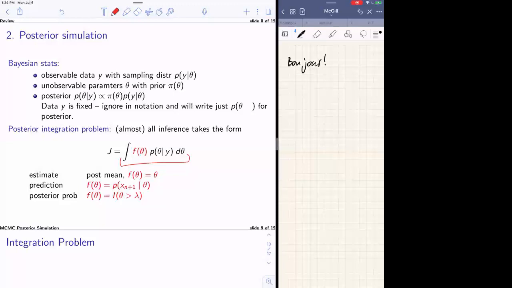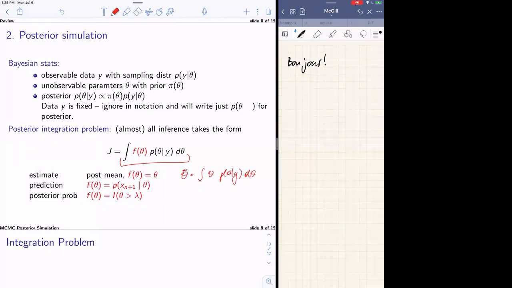For example, if you're concerned about a point estimate of some unknown parameter theta, a reasonable thing to do is plug in theta itself for the red integrand. Then we get theta bar, the integral of theta times p of theta given the data d theta, which is the posterior mean.